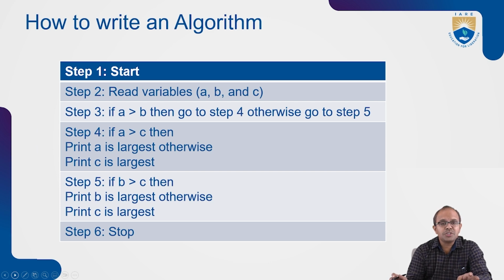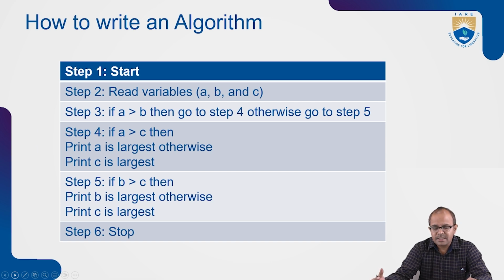Let us consider an example. Each pseudocode starts with a starting step, nothing but a starting phase. Let us say start at step 1. There are three variables. They take some values.